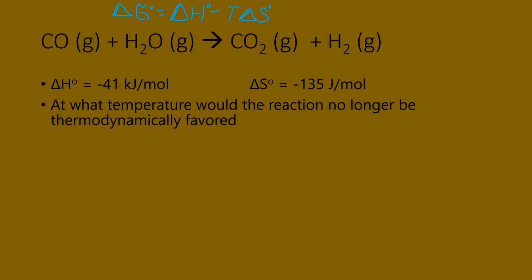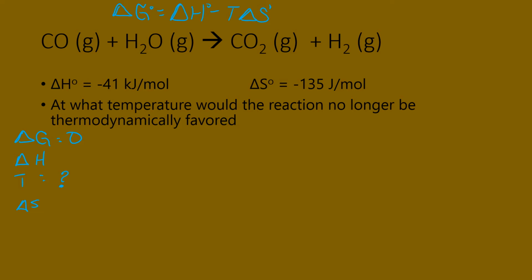At this point we're looking for our temperature. Let's list our variables: delta G, delta H, T, and delta S. In this case, our temperature is what we're looking for. Our delta G is going to be 0, because anything at 0 and lower is no longer favored.